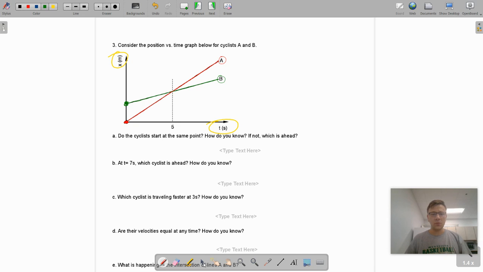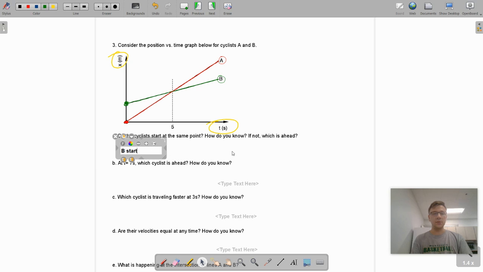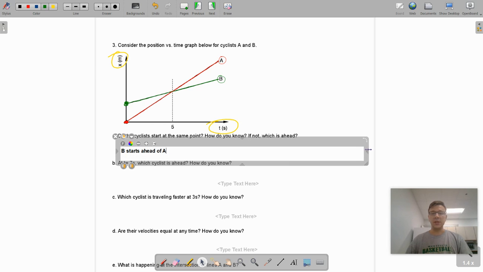So we can put that in here. If I can type. So green starts ahead of red, or rather B starts ahead of A. We'll do it that way, since I'll put this in parentheses.